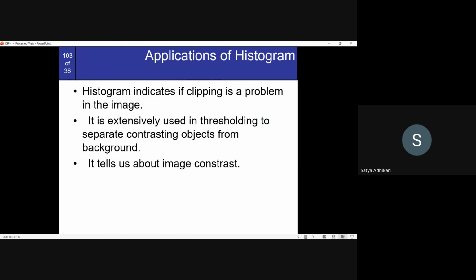Clipping is extensively used in thresholding. We have already discussed thresholding and clipping, and it tells us about image contrast. So you will get the image contrast, either a low contrast or high contrast image. This is the application of the histogram.